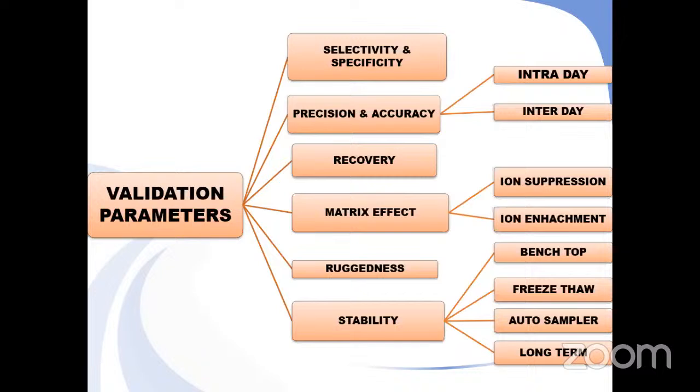Ruggedness and stability we have already done for the different types of methods: benchtop stability, freeze, autosampler, long term stability, short term stability, and freeze-thaw stability. These are the different types of stability methods which are done as a part of the validation parameters.